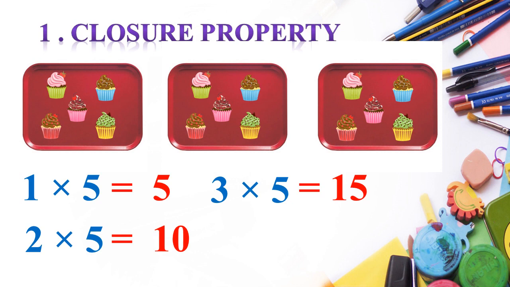Next, the number of cakes for 0 trays. Therefore, 0 into 5 equal to 0. We learn from this, when two whole numbers are multiplied, the result is also a whole number.